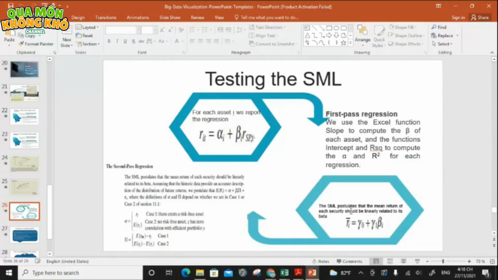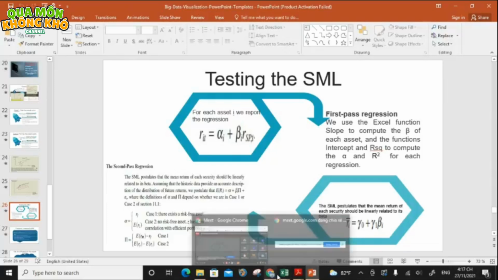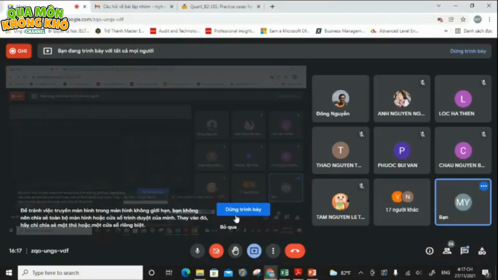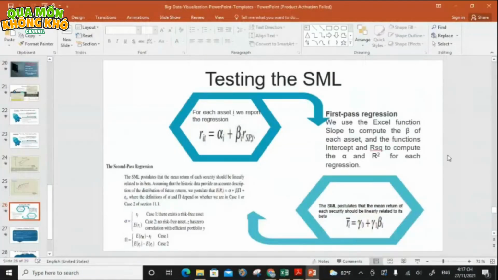So what do you know about this this approach to test this SML? Do you know the name of the order that create this approach? Sorry, I cannot hear you clearly. So Okay. I just ask you about this approach. Do you know the name of the order? The name of the order that create this approach, create this method to test this SML or test the CAP-M theory.